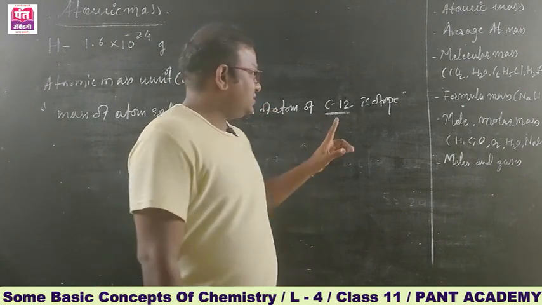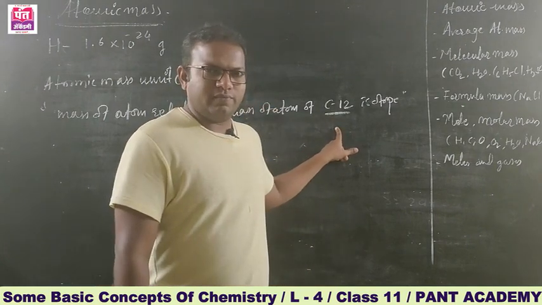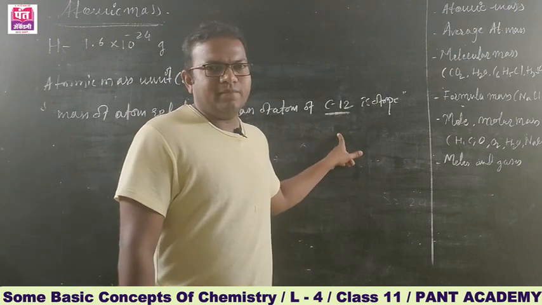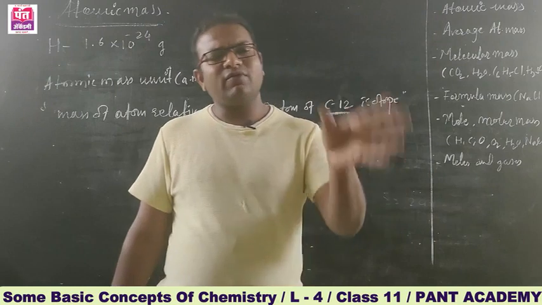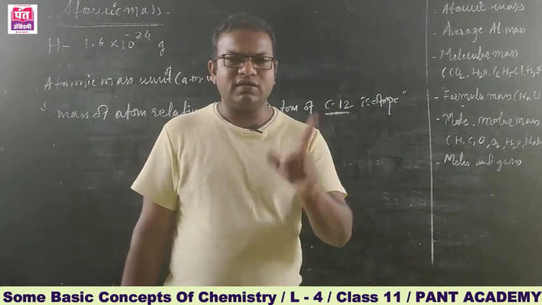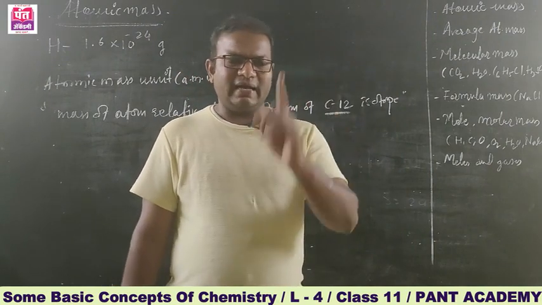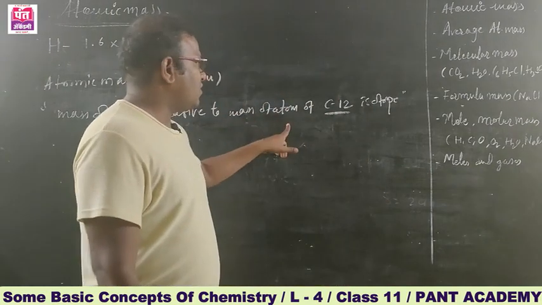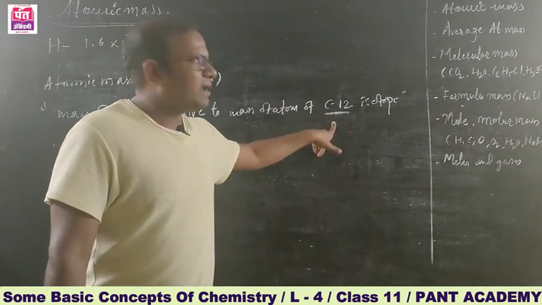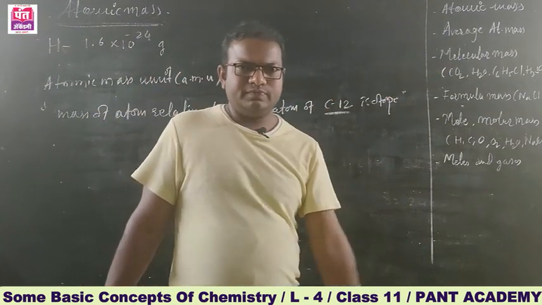Most of them carbon is made up of this carbon 12, and that's why atomic mass of any element or any atom of element is nothing but mass of an atom relative to the mass of atom of carbon 12 isotope.